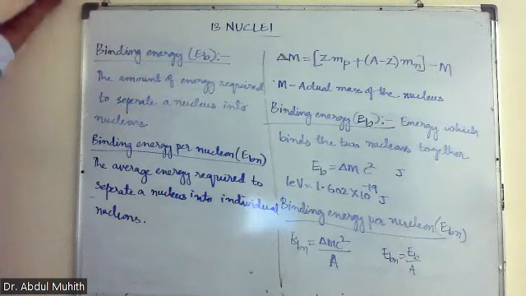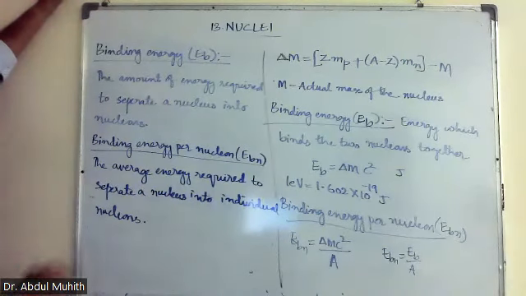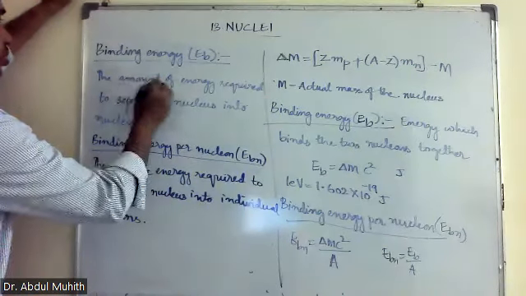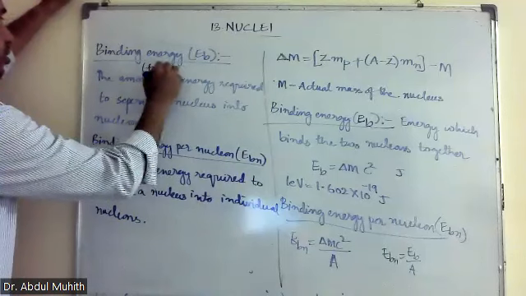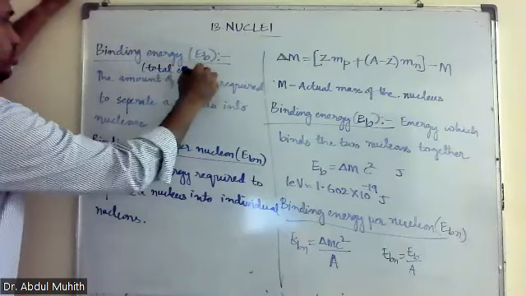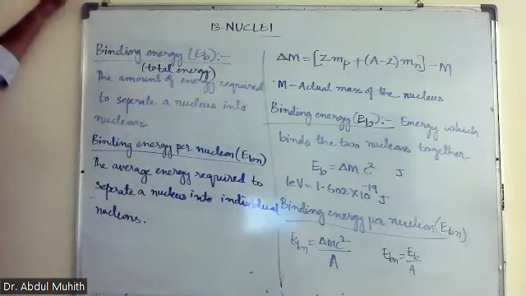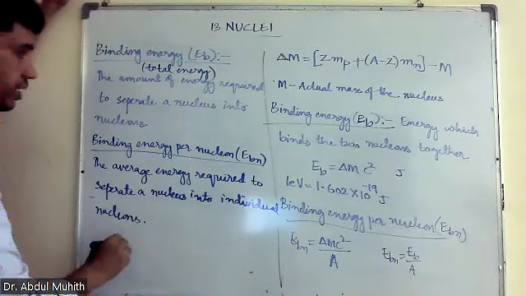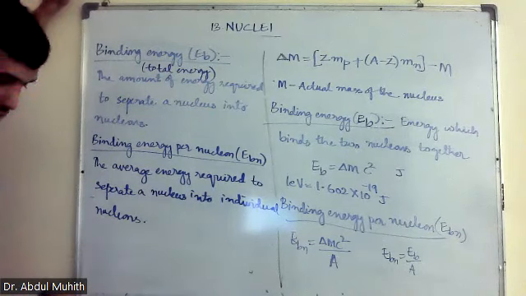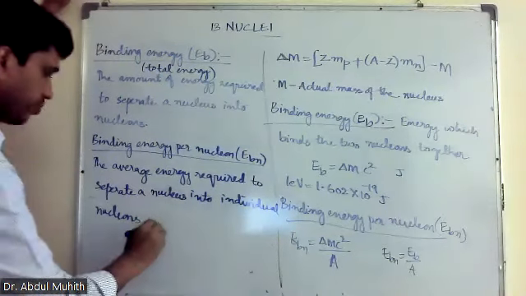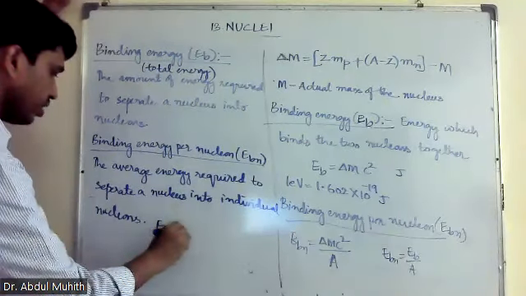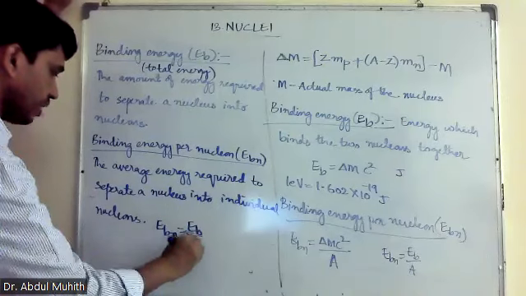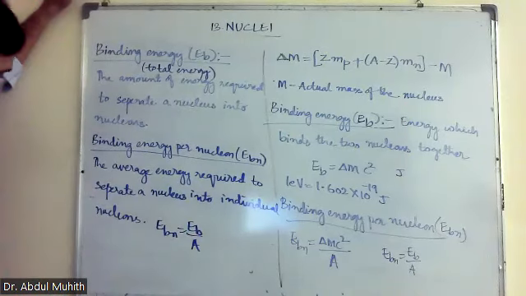The total energy required to separate a nucleus into nucleons is binding energy. This is per nucleon, so we simply write EBN is equal to EB by A. This is the formula to calculate the binding energy per nucleon.